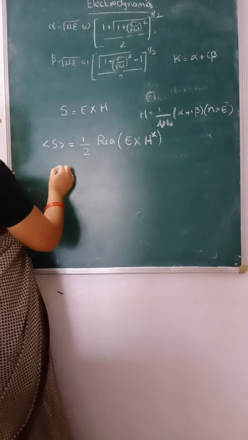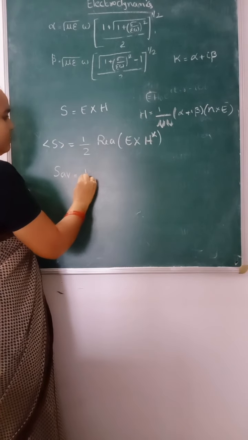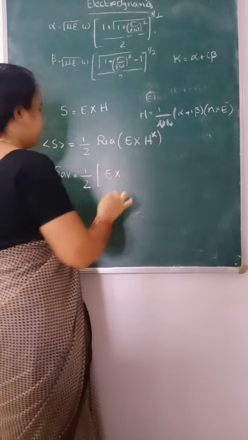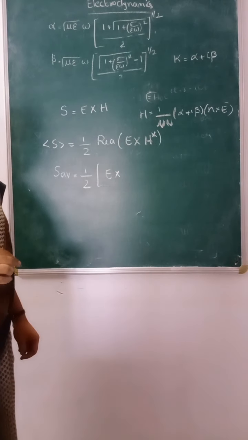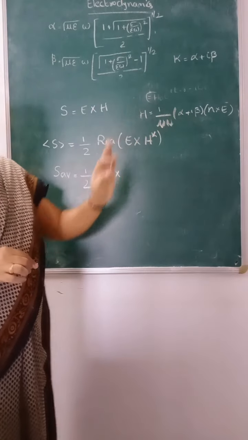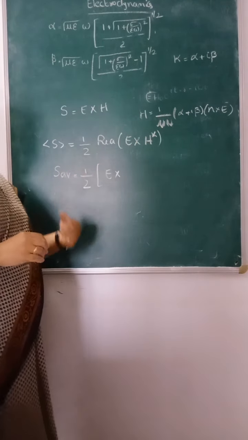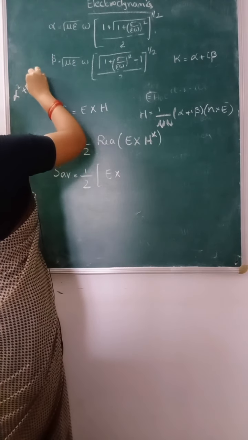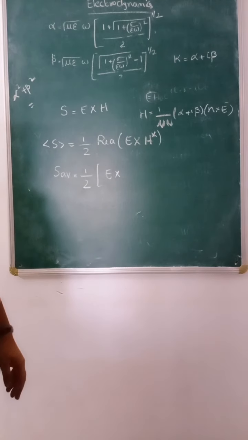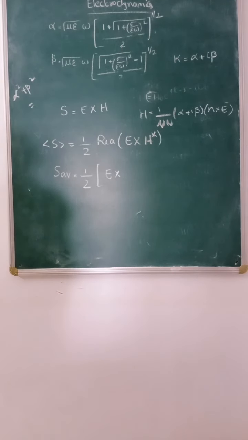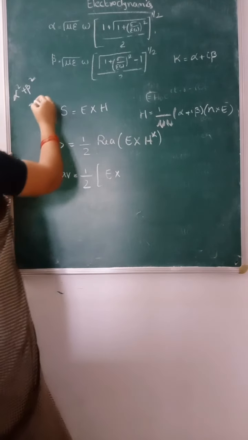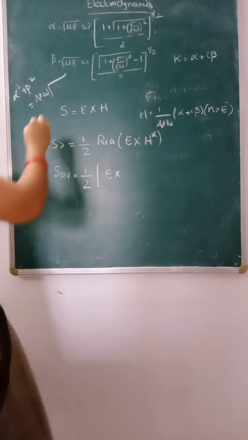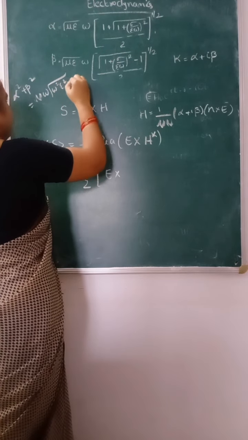Then the average value of this Poynting vector is 1 by 2, E cross, the magnitude of alpha plus i beta, which is root of alpha square plus beta square. So what is alpha square plus beta square? In the previous class we have calculated mu omega root of omega square epsilon square plus sigma square.